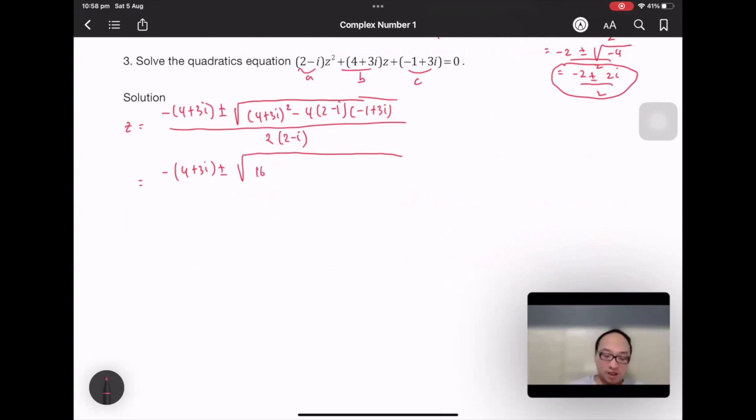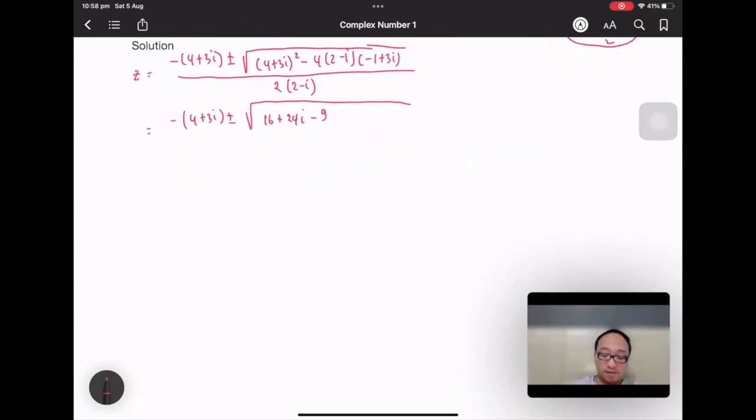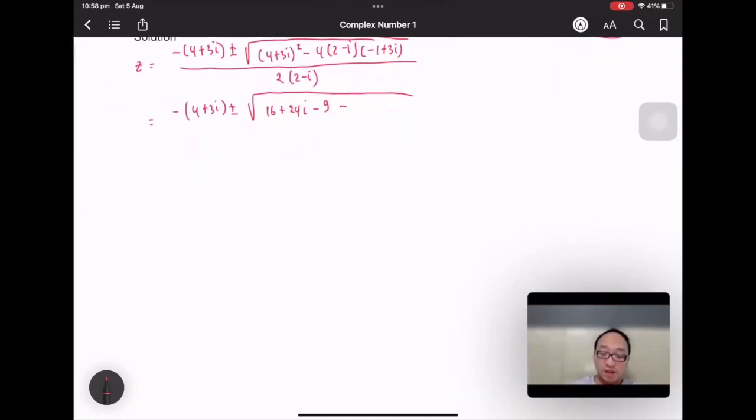So this is 16 plus 24i, and then minus 9, because i squared is negative, minus 4 times negative 2 plus 6i... plus i plus 7i, and then minus becomes plus, negative 1 negative 3, so it becomes positive 3.